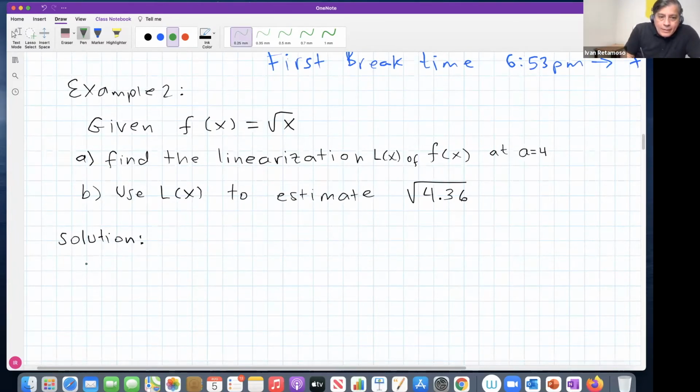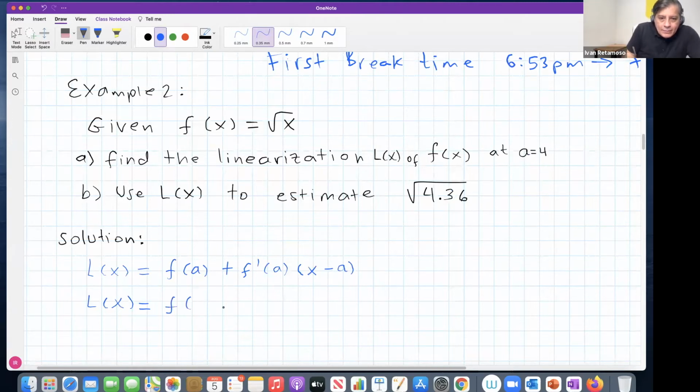So first, I'm going to compute the linearization L of x, which is basically just the equation of the tangent line, right? L of x will be f of a plus f prime of a times x minus a. That's the linearization. So basically, I need f of a, and they tell me that the base point a is 4.